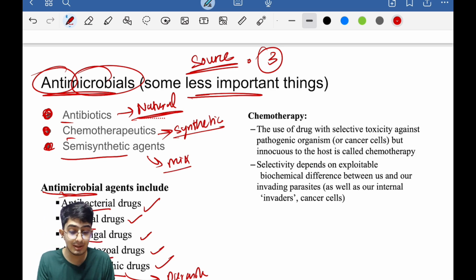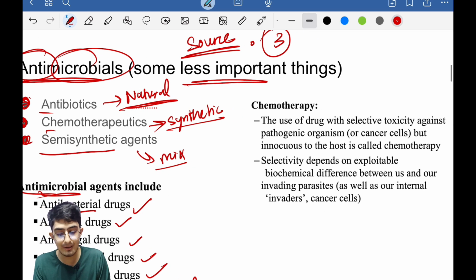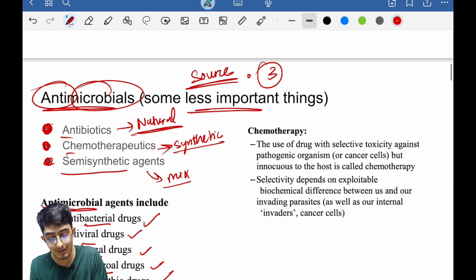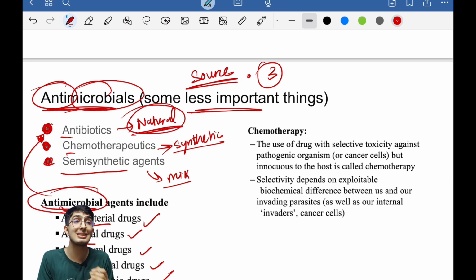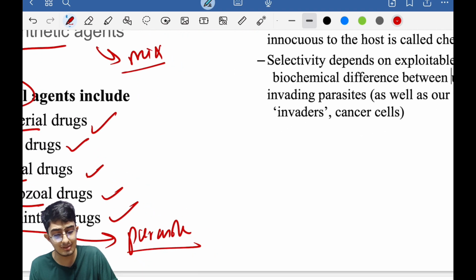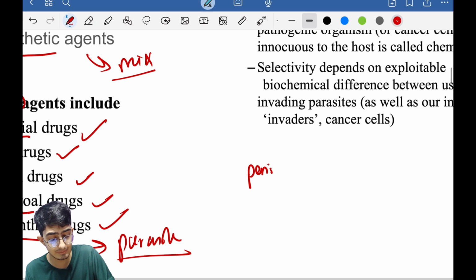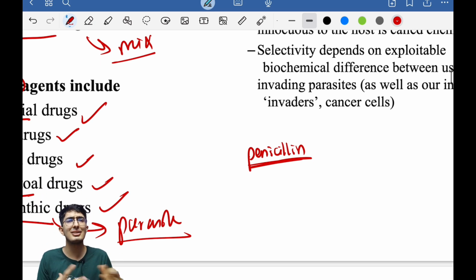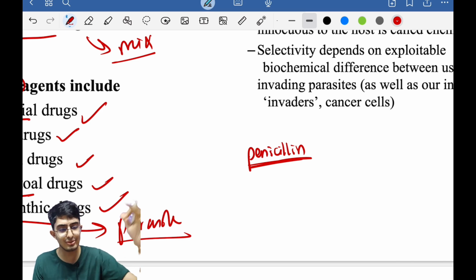One of the examples of antibiotics, right? Antibiotics are those antimicrobials that come from natural sources. So what is an example? I'm sure you've heard of this drug penicillin, right? I think you know the story of how penicillin was discovered. If you don't, just Google it.